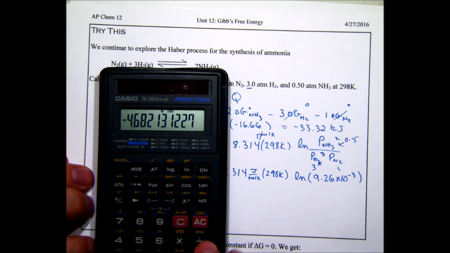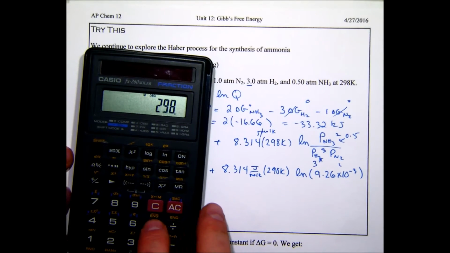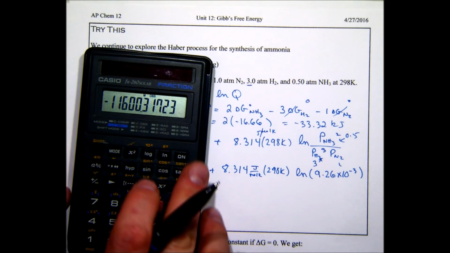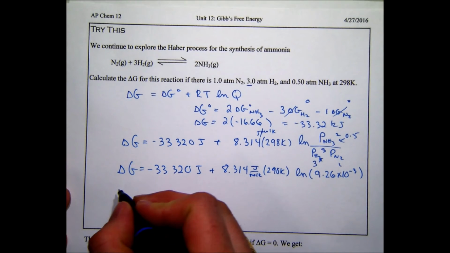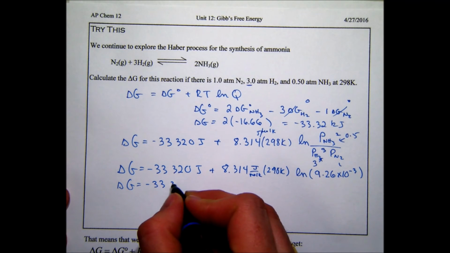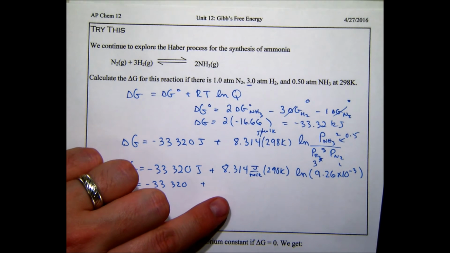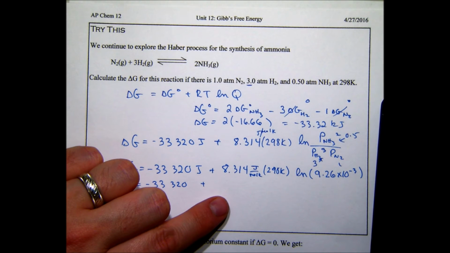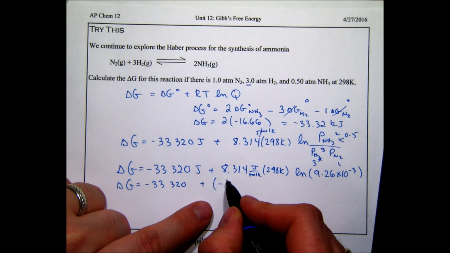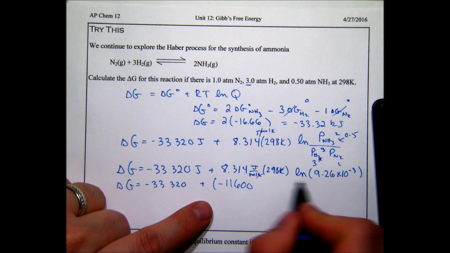Take the natural logarithm of that, times 298, times 8.314, plus negative 11,600. K cancels.